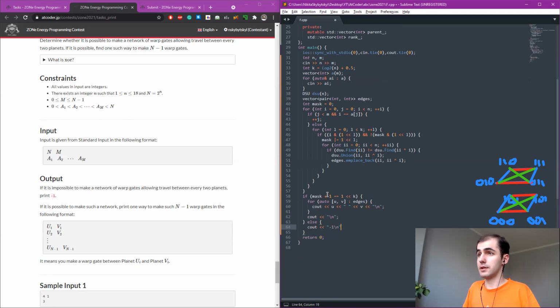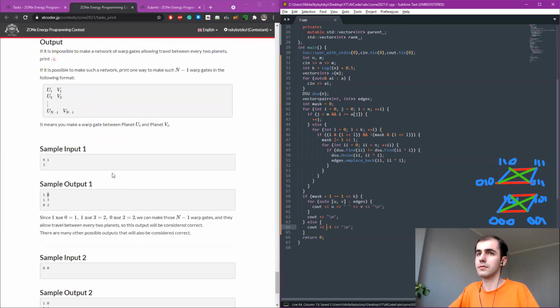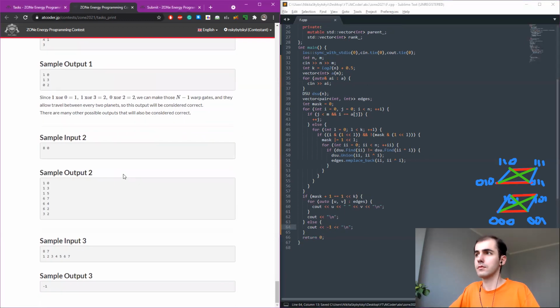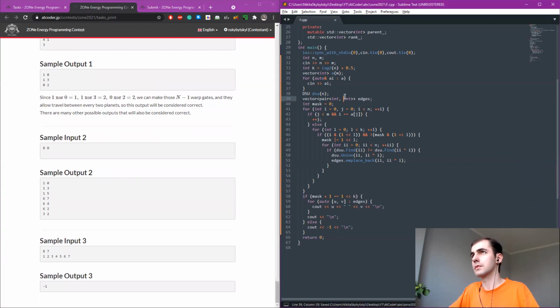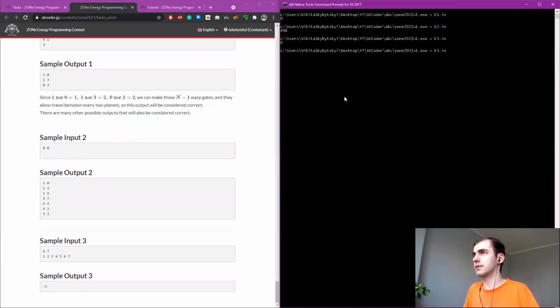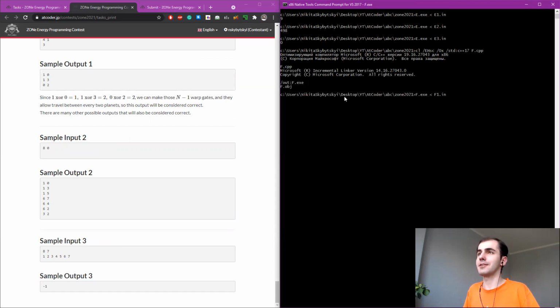Otherwise, we want to print a -1 apparently. I'm not sure if it's right, but I believe that all cuts that can occur are of that form. Otherwise, this problem sounds impossible. But maybe I'm just stupid. No, I don't see a different solution.